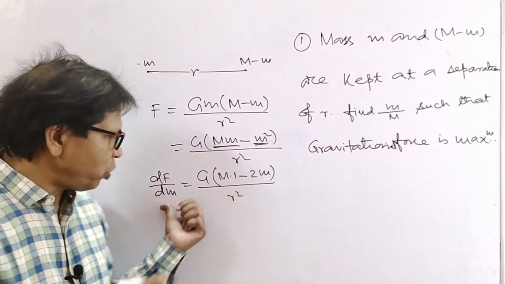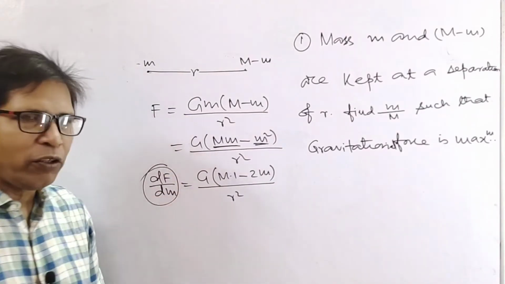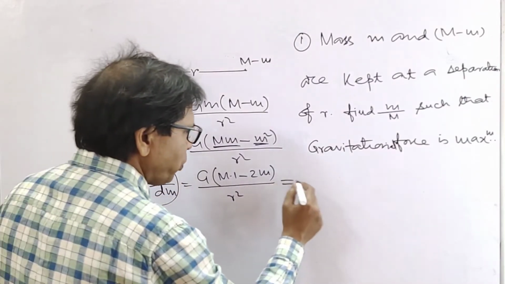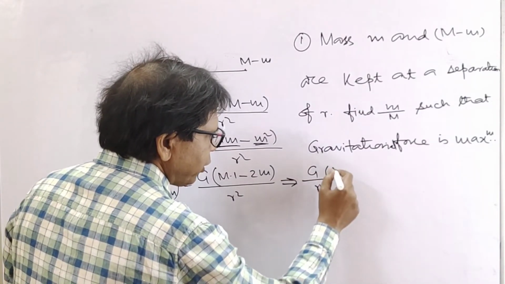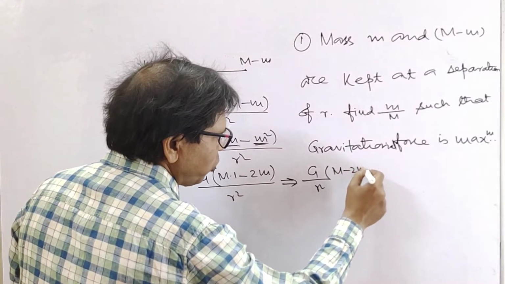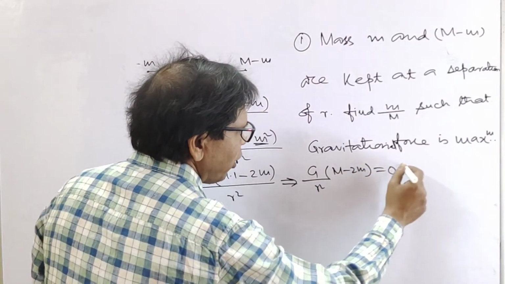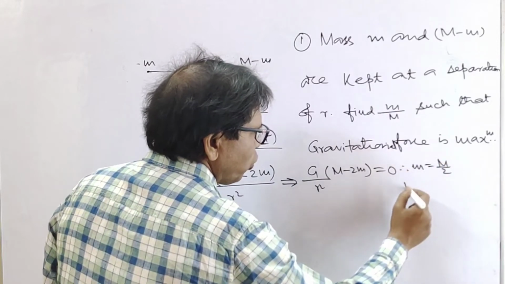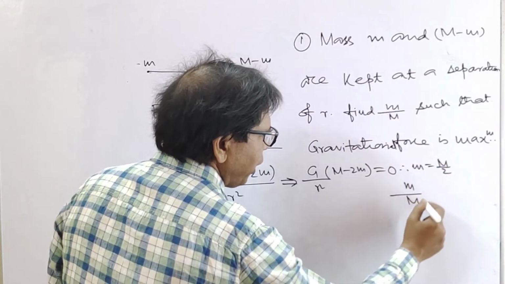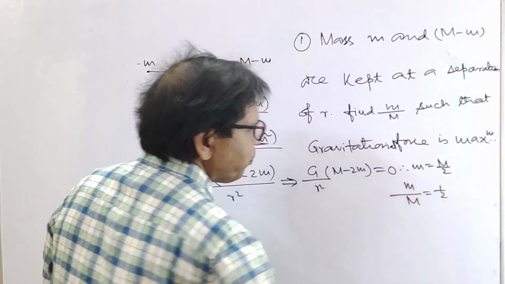For maximum force, dF by dm equal to 0. From this condition we can write G by r square into (M minus 2m) equals 0, therefore small m equal to capital M by 2. So here small m by capital M is half.